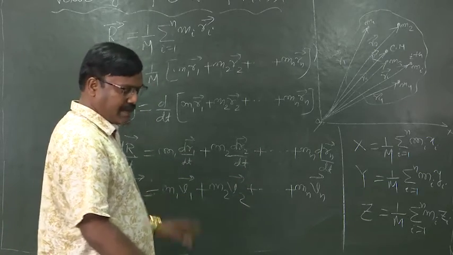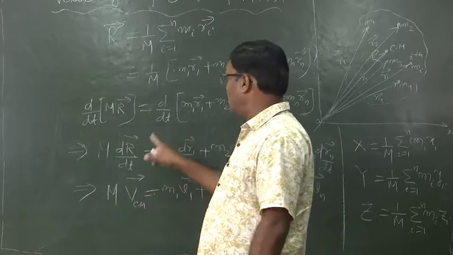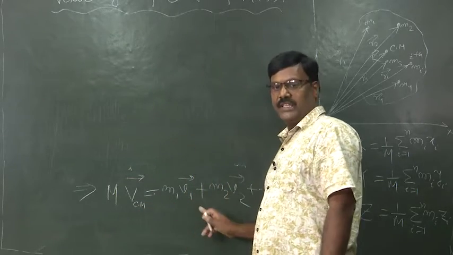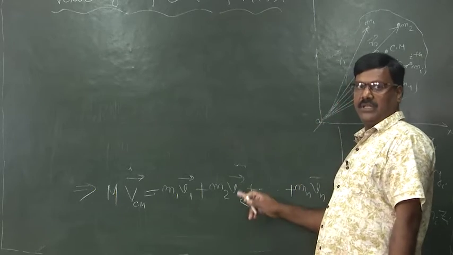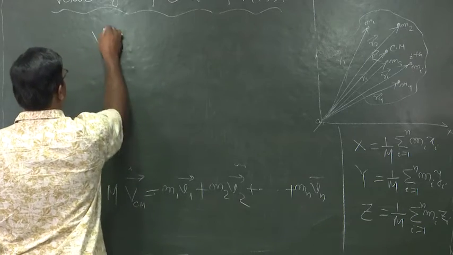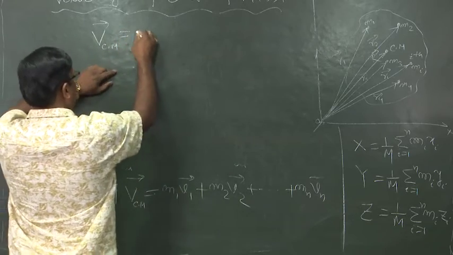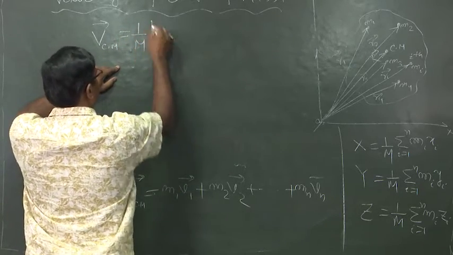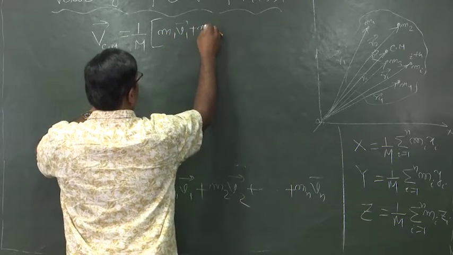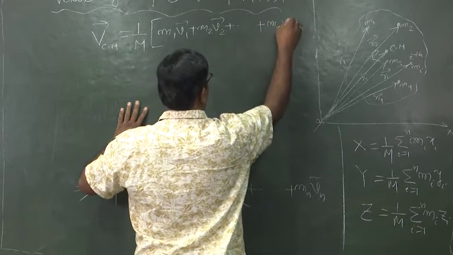Now, from this expression we can write the expression for the velocity of the center of mass of the system of particles as v cm, cm stands for the center of mass, is equal to 1 by M within bracket m1 v1 plus m2 v2 plus up to mn vn.